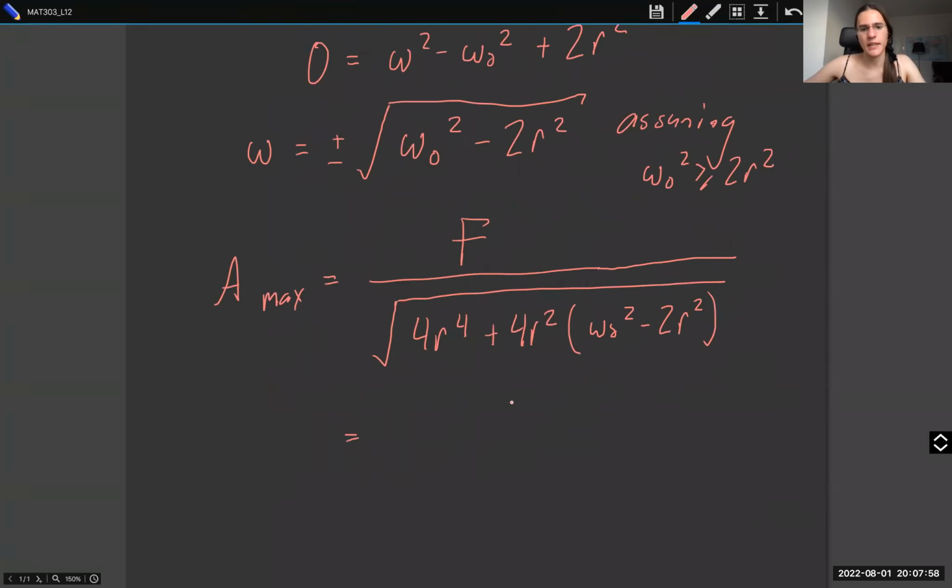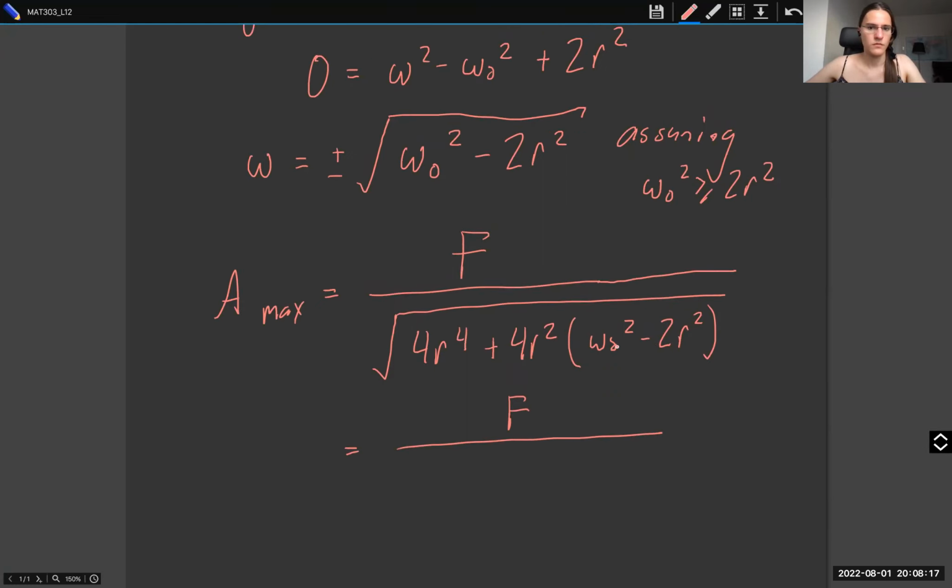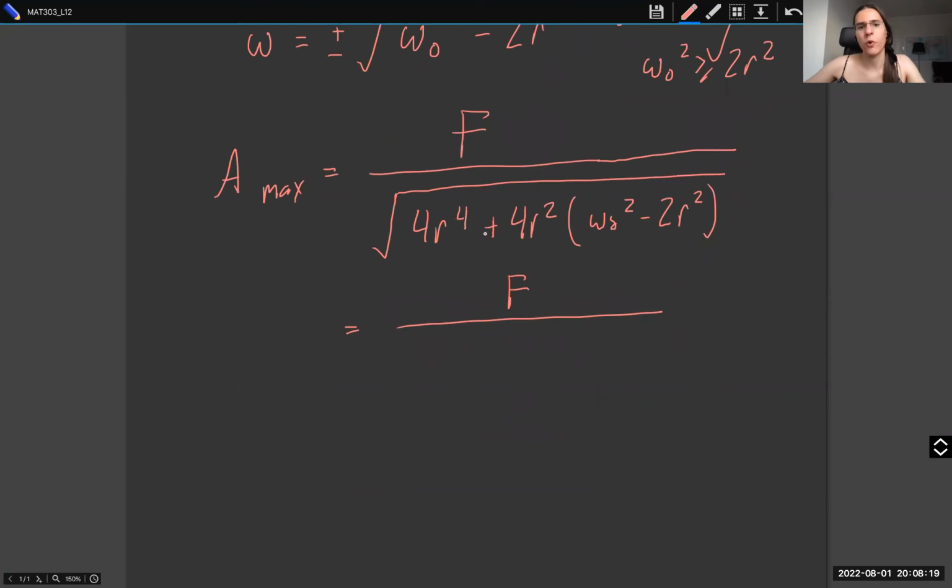So what we get overall is F over, so the 4 becomes an 8. So we get square root of 4R squared omega naught squared minus 4 times R to the fourth.